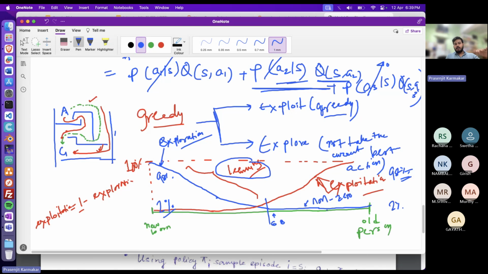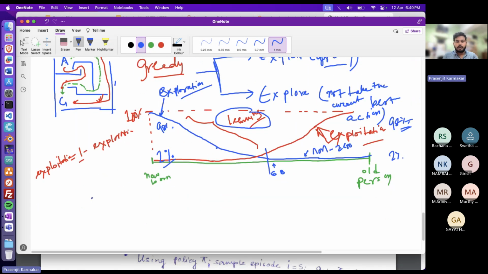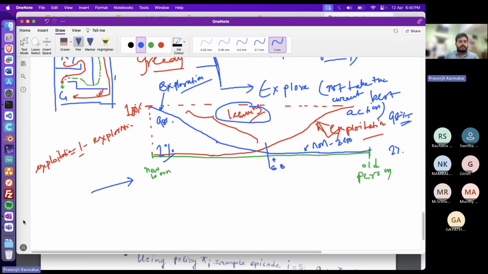Then when it has a good policy, it starts exploiting more and exploring less, so that it knows this path takes it to the goal, and it will only take that path, like in the last some episodes. These things are very important, similar to what we do in our life also.